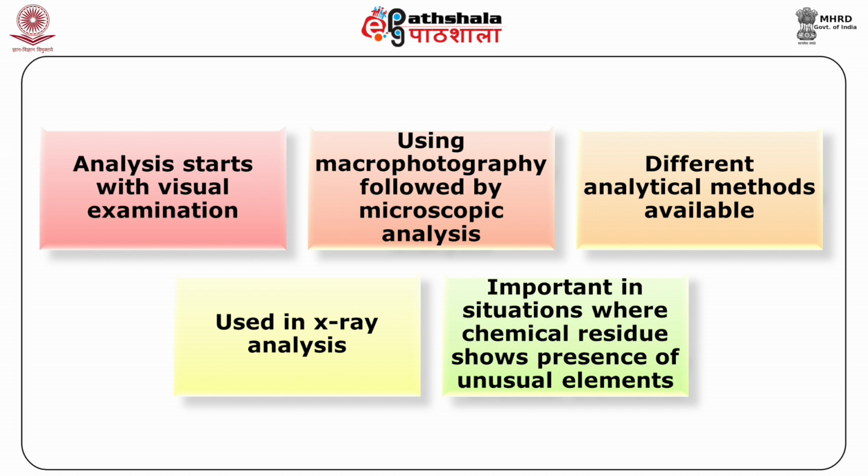It is used in X-ray analysis for selected sample area. It is important in situations where chemical residue shows presence of unusual elements that indicates chemical attack of the product.